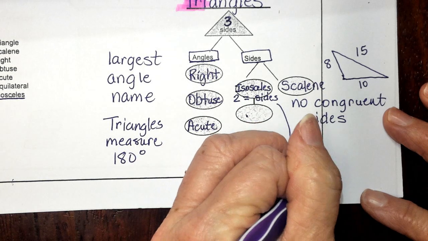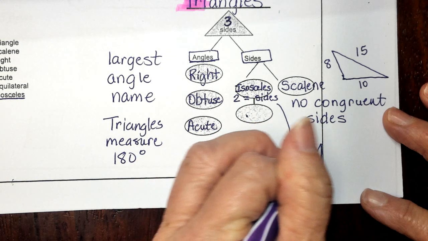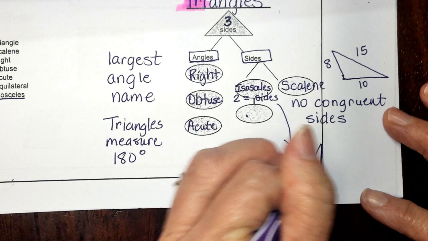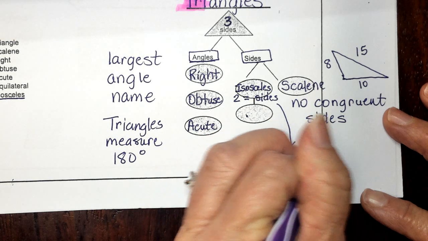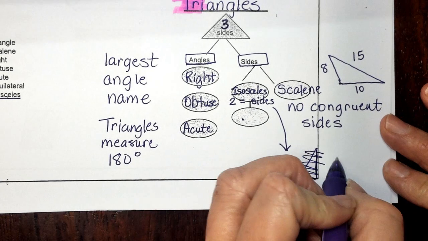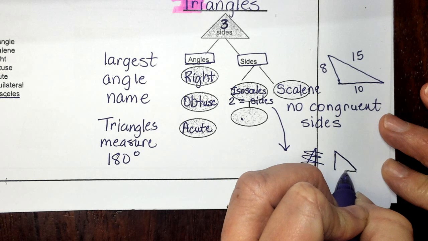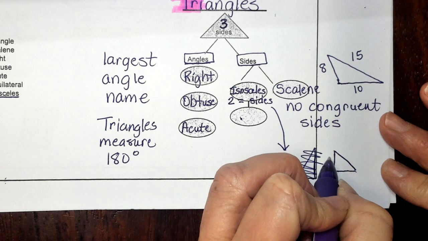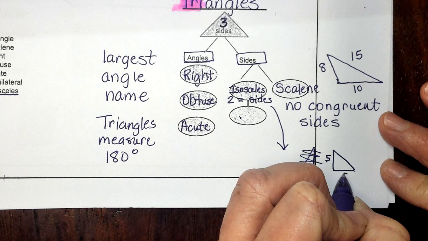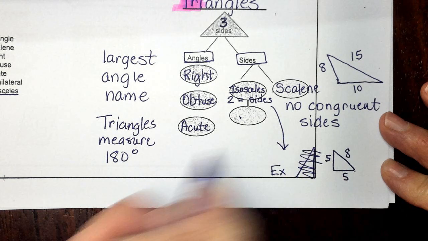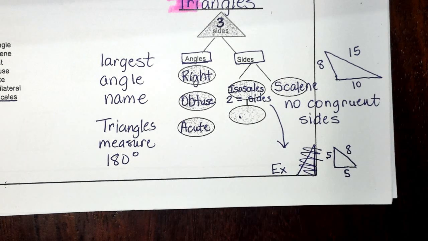It's called an isosceles triangle. That's not a very good example. Let me scratch that out and do something that looks like this. Okay, that means that if this is 5, then this is also 5, but maybe this outside measurement is 8. So we have 2 sides that are measuring the same length, but that third side is measuring a different measurement. Okay?